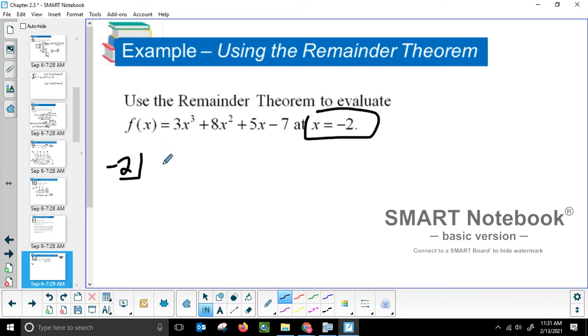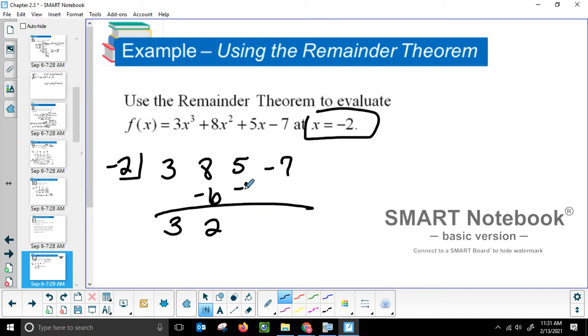So now I put all of my coefficients, 3, 8, 5, negative 7. I bring my 3 down, I multiply, I add, I multiply, I add, I multiply, and I add. The remainder theorem tells me that f of negative 2 is equal to this number.